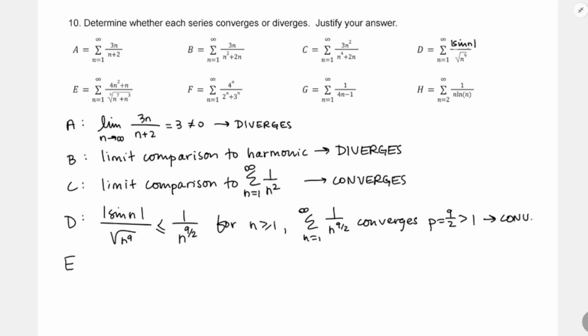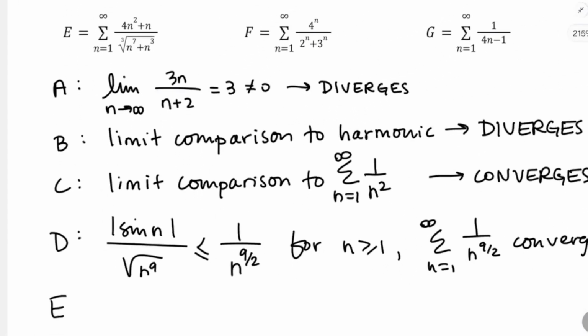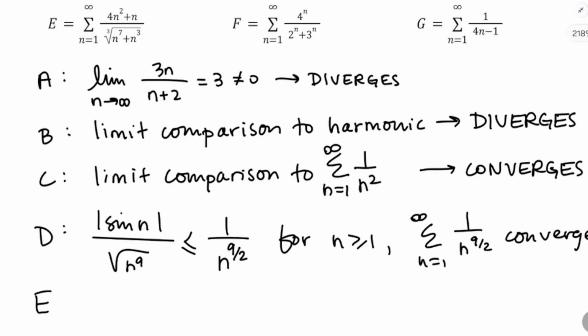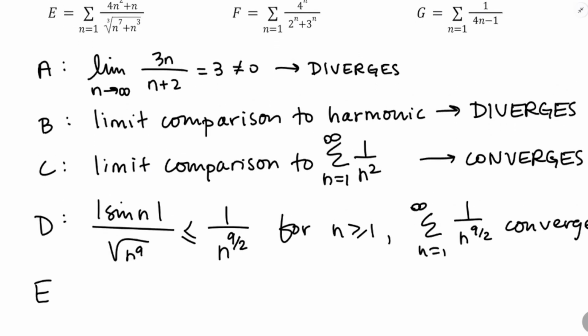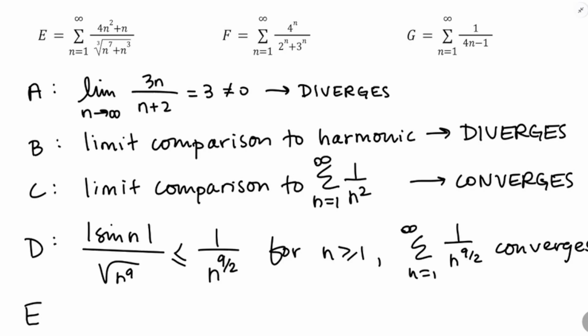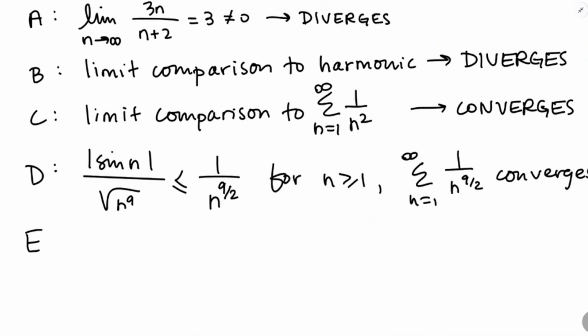Okay, for E, I would be doing limit comparison to, let's see, this is kind of an interesting one. So 2 powers on top, 7/3 of a power on bottom, so n to the 2 divided by n to the 7/3. Well, 2 would be 6/3, so n to the 1/3.